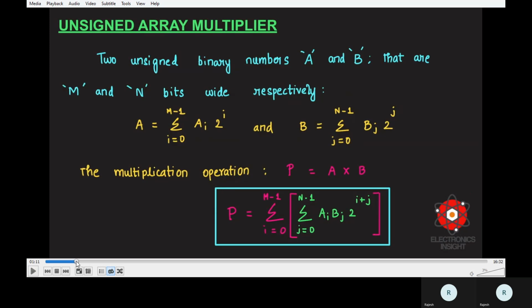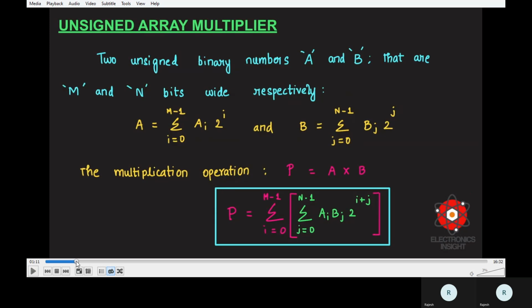Coming to the multiplier, a multiplier is a combinational circuit where two binary numbers are multiplied. It is multi-bit. If you multiply two integers or any values, they are represented in binary form. So an m-bit value is multiplied with an n-bit value.